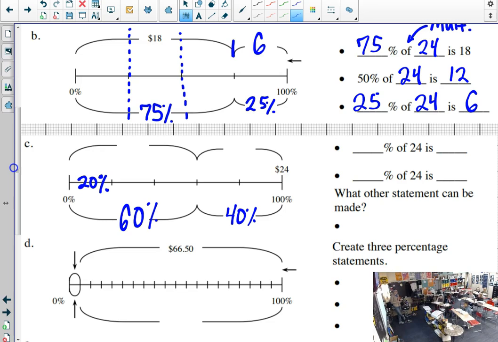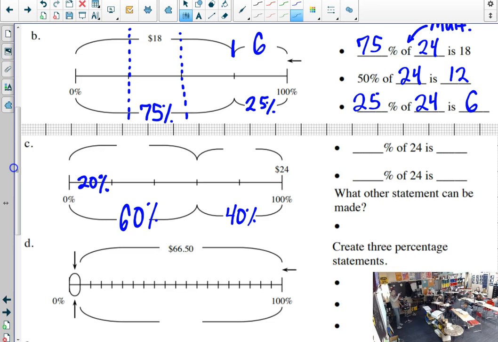Good. Okay, let's talk about how to find it. One of the ways that we talk about finding these percentages is, is it a multiple of 10? Well, 60 is a multiple of 10. I can start with 10 and get there. Grant told us to get to 10%, we divide by 10. What's 24 divided by 10?